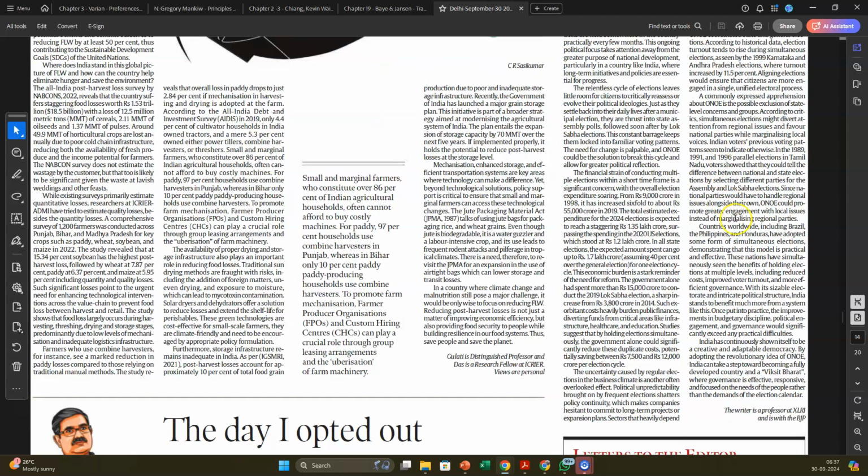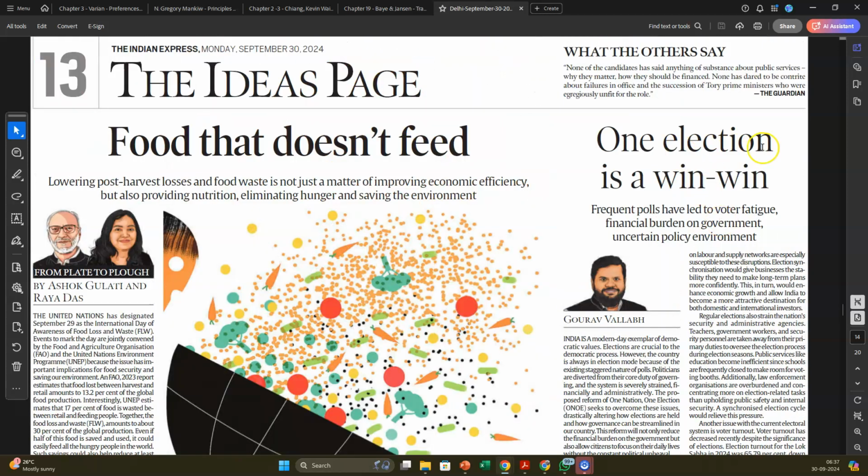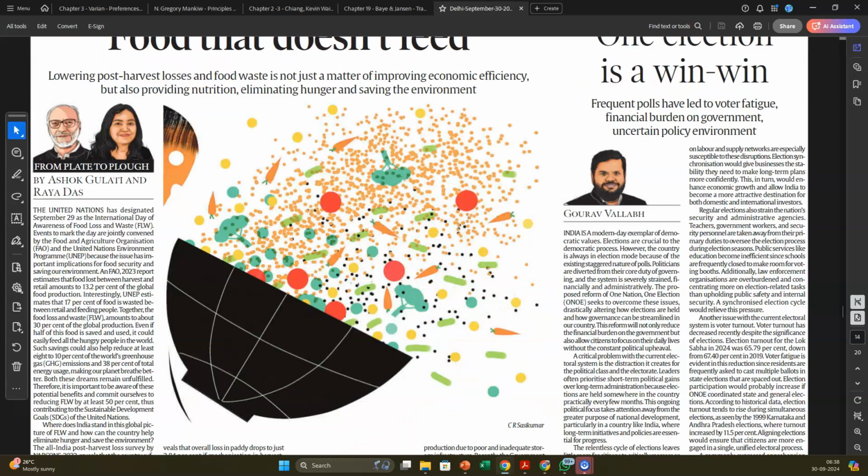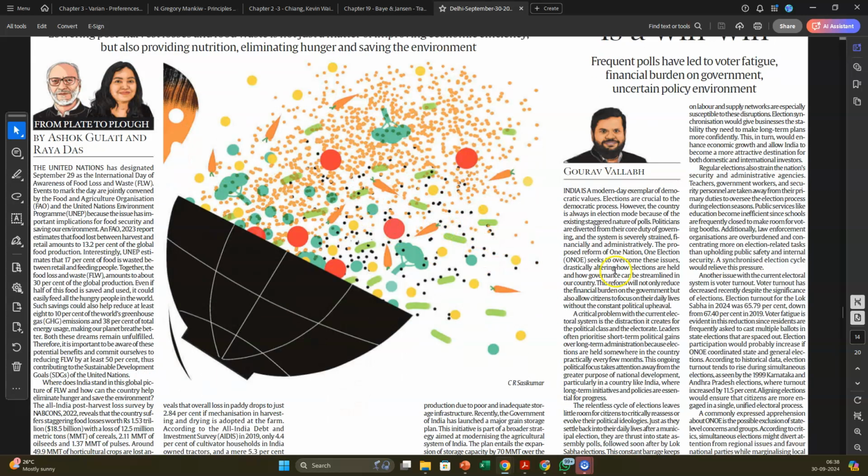Finally, there's another article on One Nation One Election, and we've already talked about this. What are the benefits? There are the financial and administrative costs of frequent elections, and policy continuity is marred because the MCC, the Model Code of Conduct, is imposed, because of which no major decisions are taken.